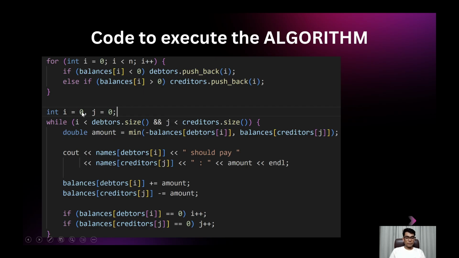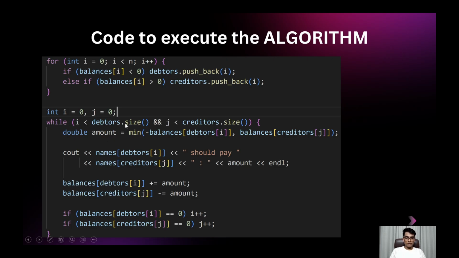Now take int i equal to 0 and j equal to 0. I have taken a while loop over here because I don't know how many times the loop has to run. However, it can be calculated by taking the minimum of debtor size and creditor size. First of all, i equal to 0 and j equal to 0. So first of all, calculate the amount which is the transferable amount.